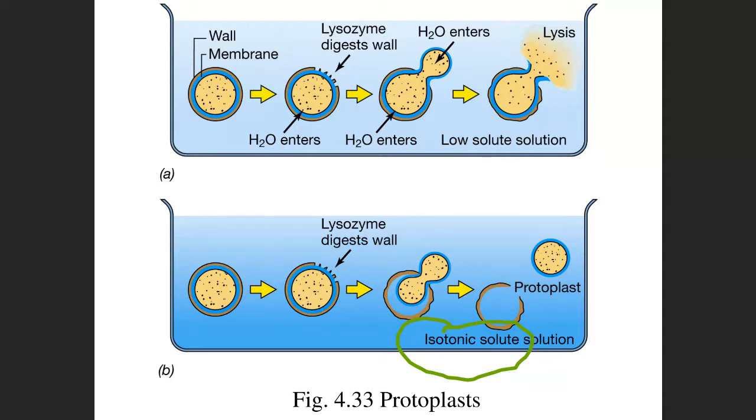Yes, that's an excellent question. What happens if you put these bacteria into a high salt solution? If you put it into higher salt than what's in the bacteria, then water will go from low salt to high salt, meaning the water will come out, right? And when water comes out, the bacteria will actually shrink.